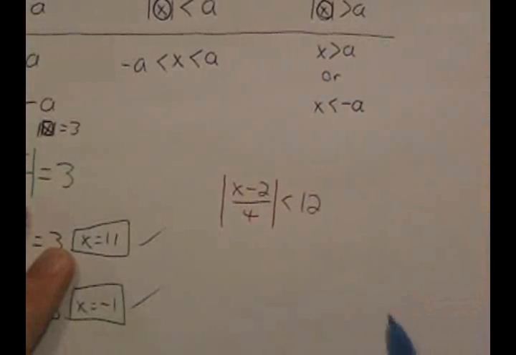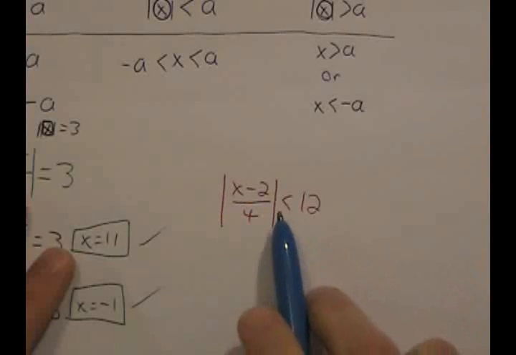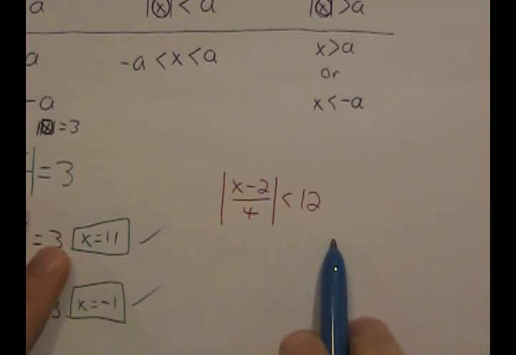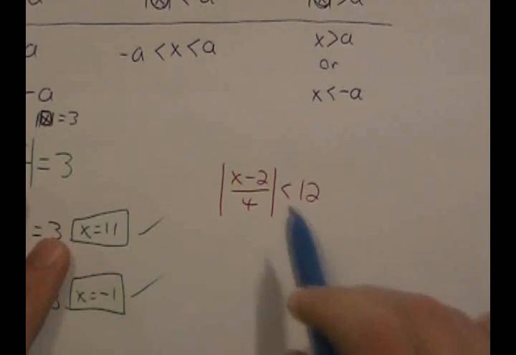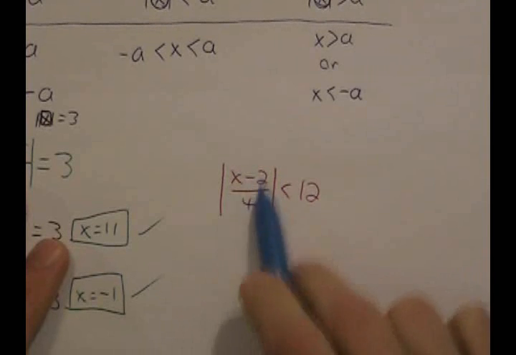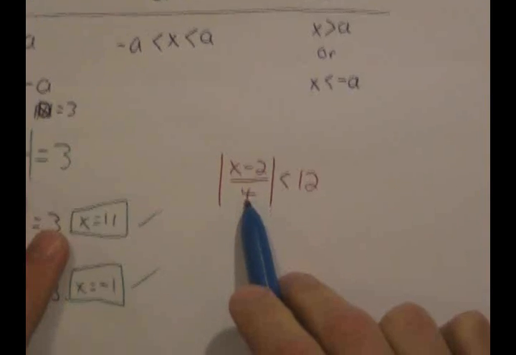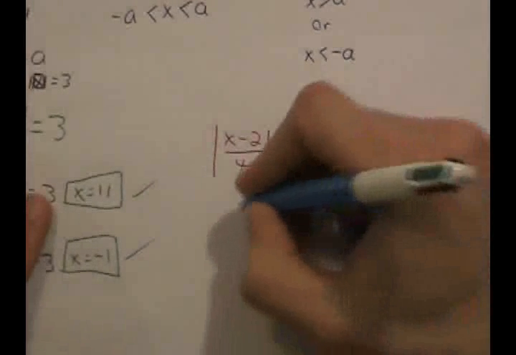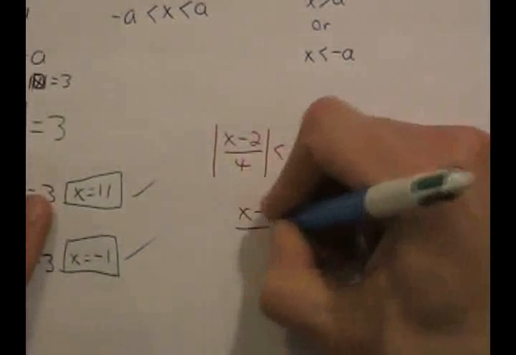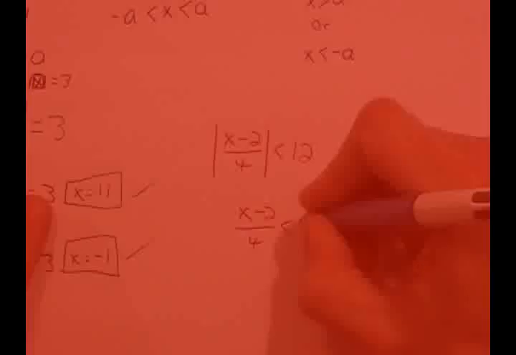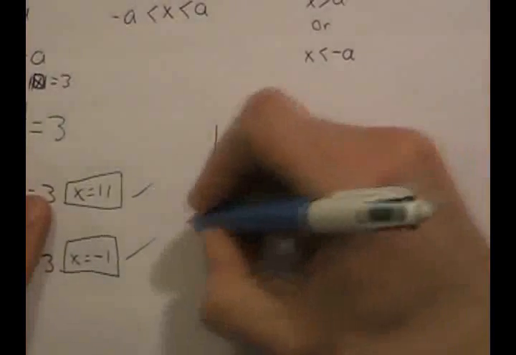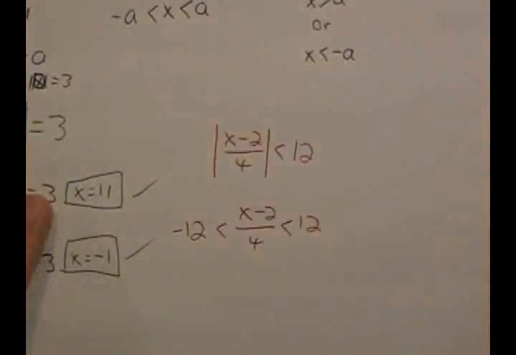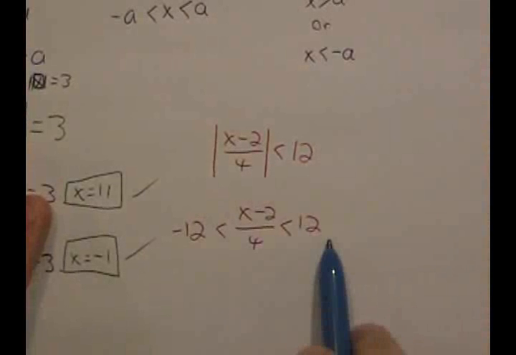You should recognize this as an absolute value that is less than, and sort of ignore the fact that there's a complicated expression inside here, and just drop the absolute value bars, x minus 2 over 4, and sandwich it between 12 and its opposite. That's all that you've got to do, and then solve it from here.